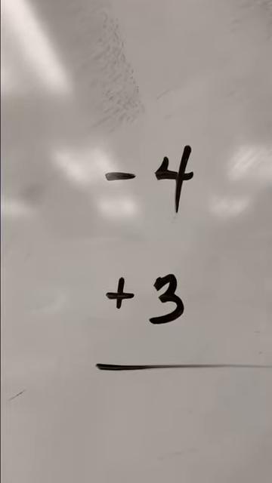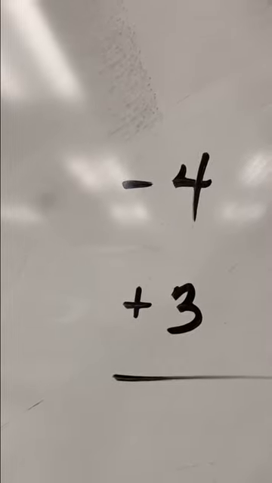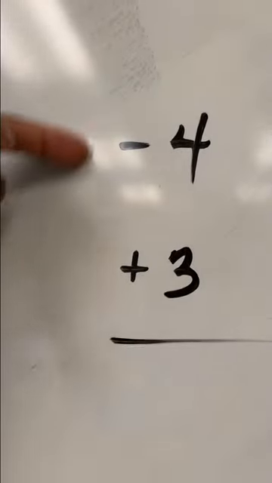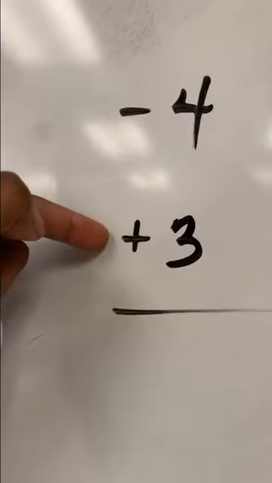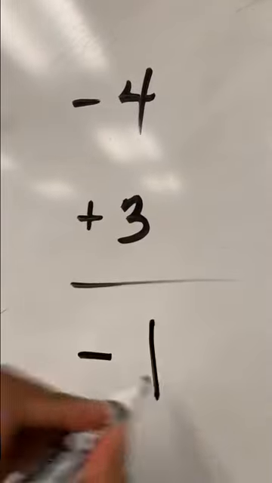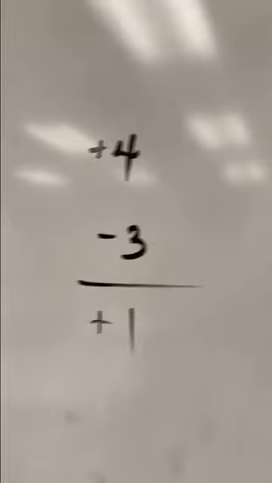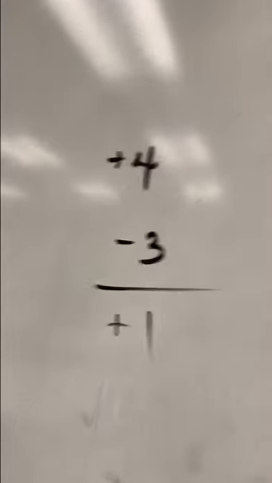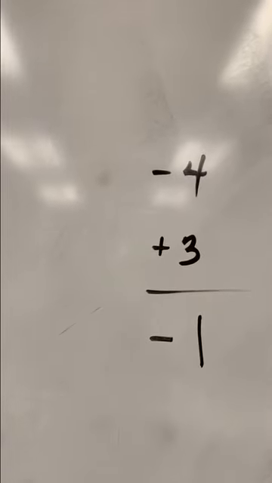Now I have a negative 4 plus 3. These signs are not the same. I do not add. All right. So my answer here is a negative 1. Now notice over here I had a positive 1, but over here I had a negative 1. If I use my number line to verify, negative 4 is right here.